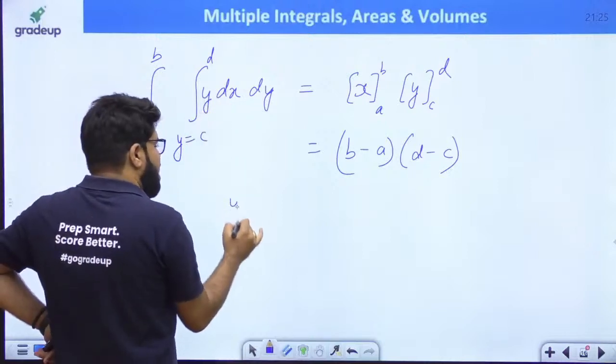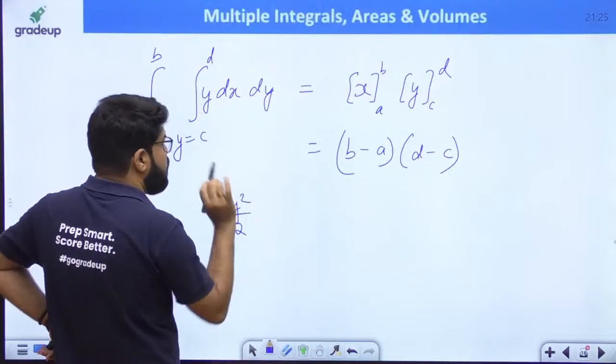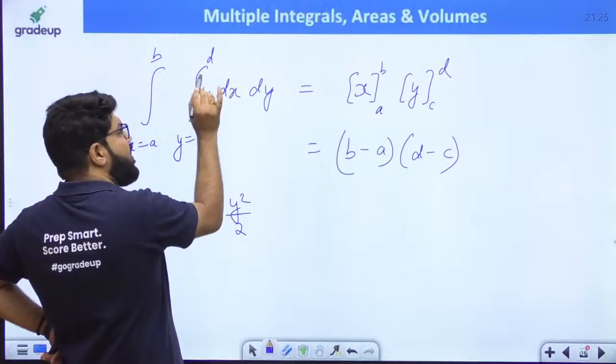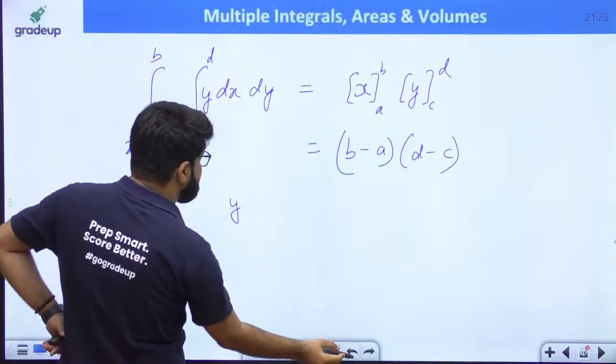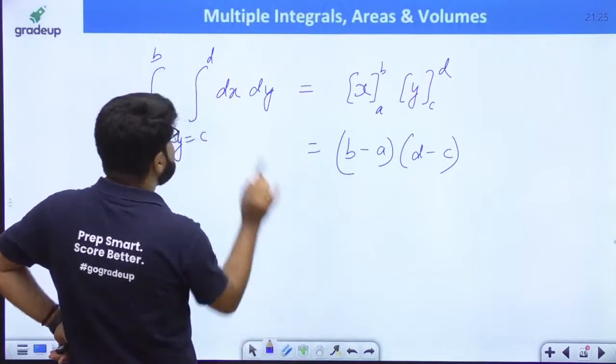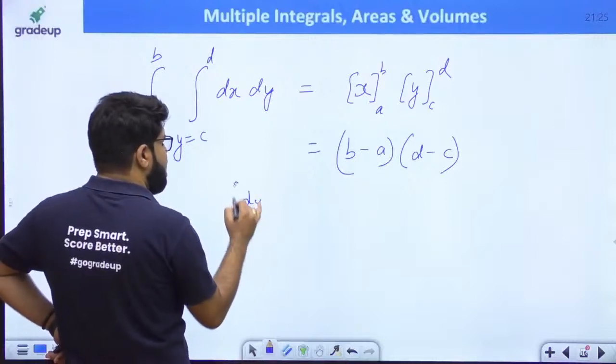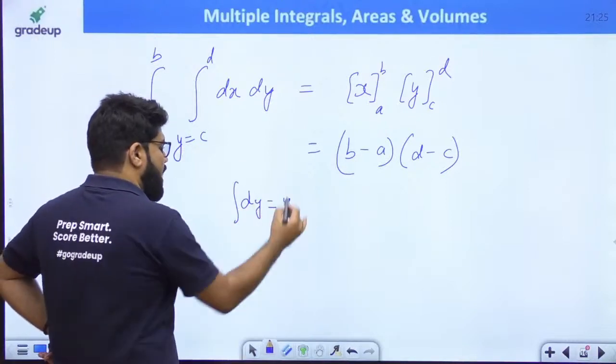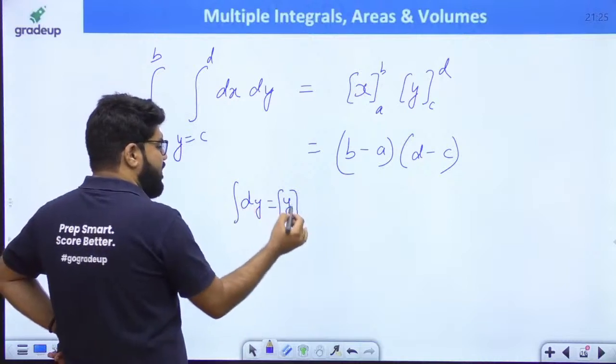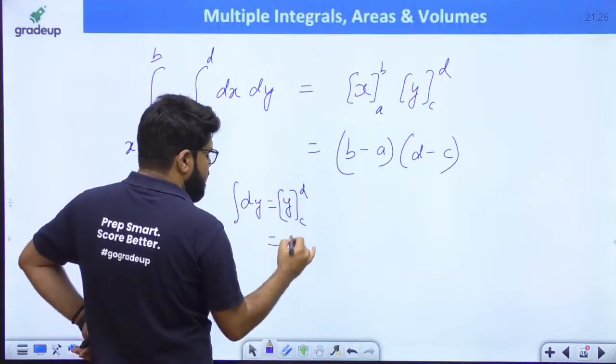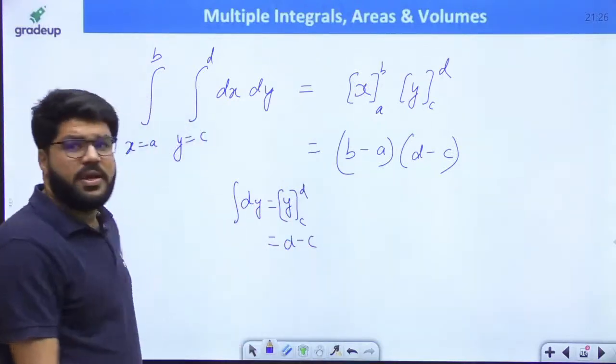If it was y dy, the answer would be y square by 2. But right now there is no y, no x, no function. It is just dx dy, constant, so you have only integral dy, which is y, and you get d minus c.